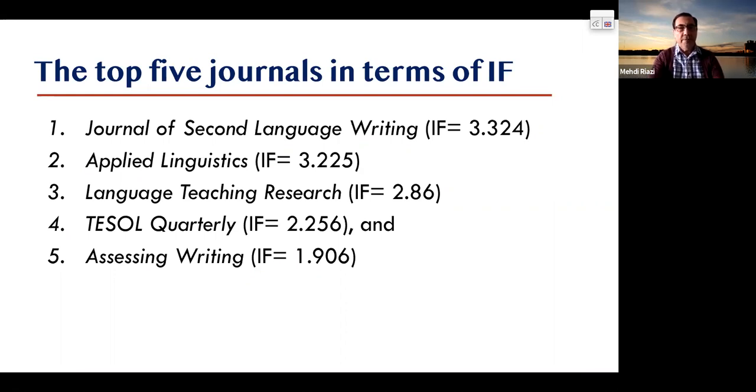These 5 journals, ordered by impact factor, are Journal of Second Language Writing with an impact factor of 3.324, Applied Linguistics with an impact factor of 3.225, Language Teaching Research with an impact factor of 2.86, TESOL Quarterly with an impact factor of 2.256, and finally, Assessing Writing with an impact factor of 1.906.